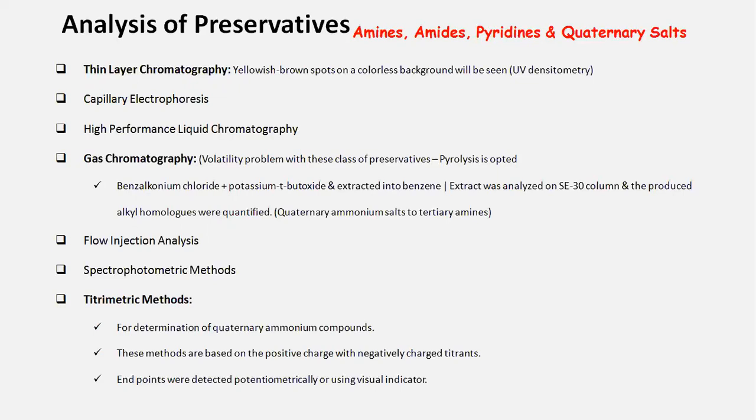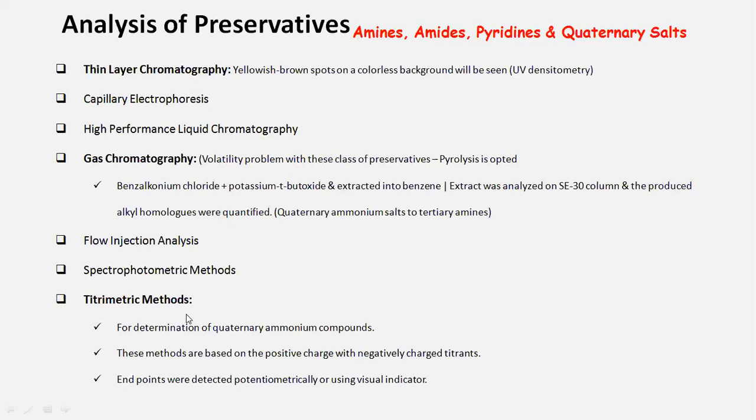Once it has been extracted, the extract was analyzed on an SE-30 column and the produced alkyl homologues were quantified. These alkyl homologues are nothing but quaternary ammonium salts, which can be converted back to tertiary amines. So there won't be any sort of charges now. The quaternary ammonium salts got converted into tertiary amines, then they are subjected to the gas chromatography technique.